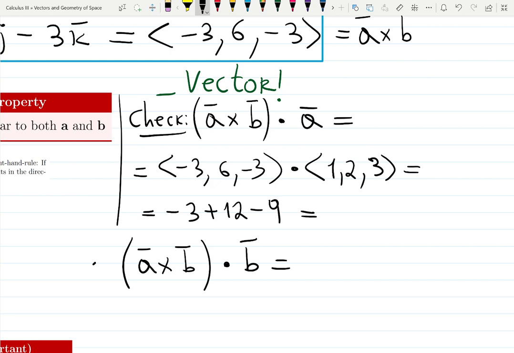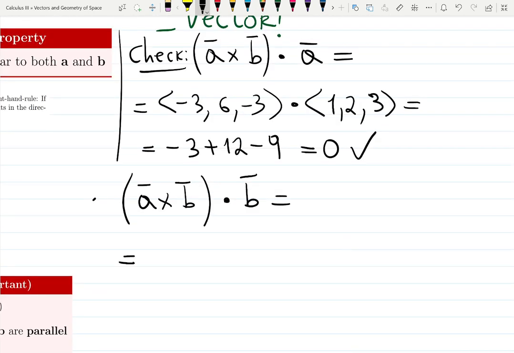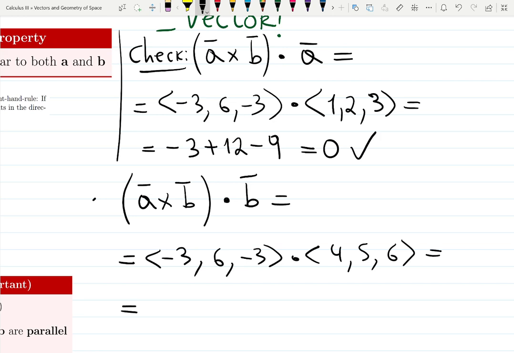So you see, very fast you checked and it should be 0. Let's check the second one really fast. Same thing. Minus 3, 6, minus 3 multiplied by 4, 5, 6. Was it 4, 5, 6? Yeah. Let's check. Minus 12 plus 30 minus 18. Is it 0? Yeah. 0.